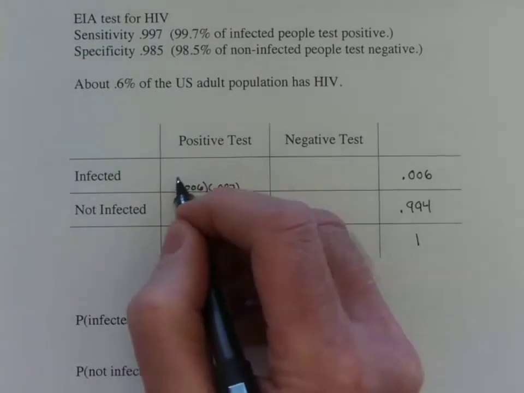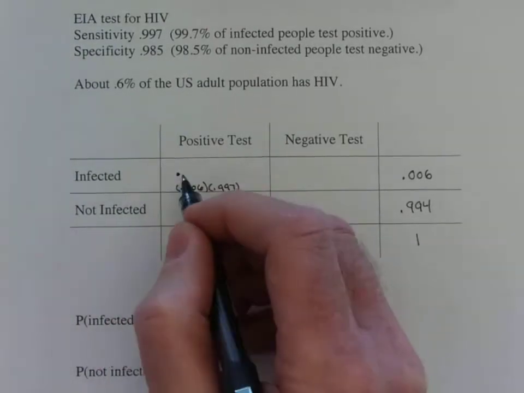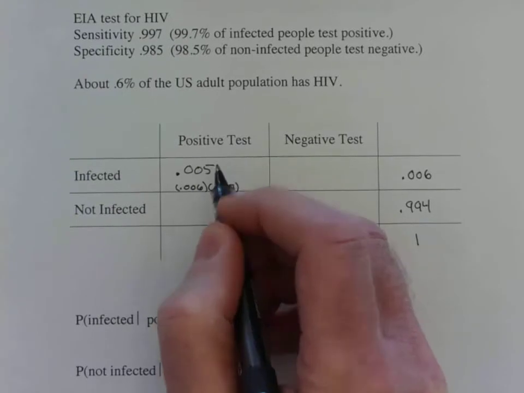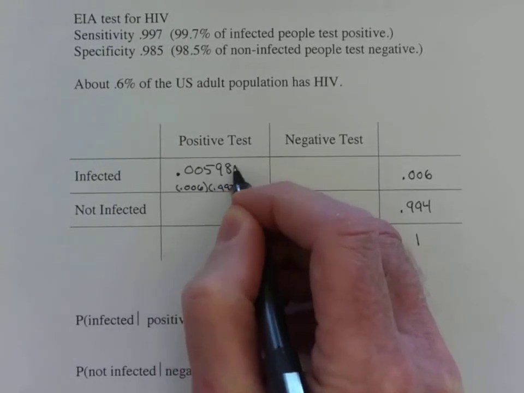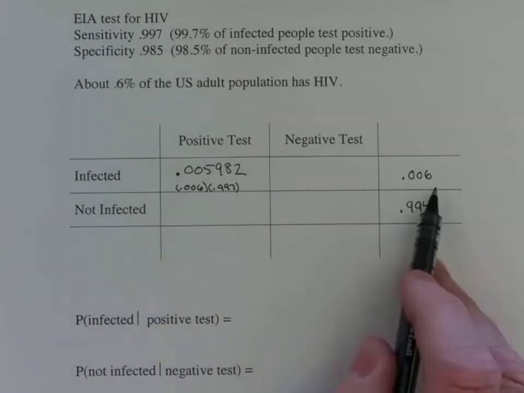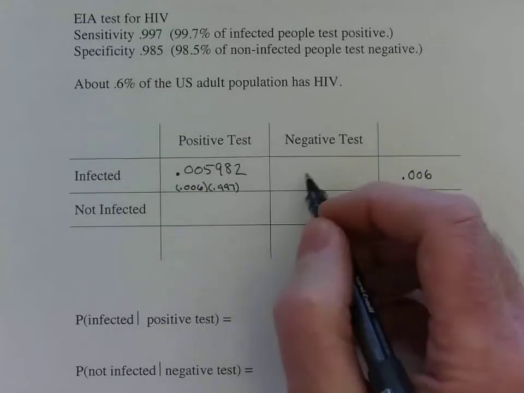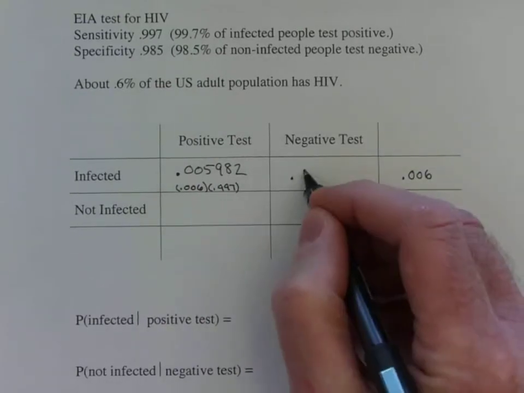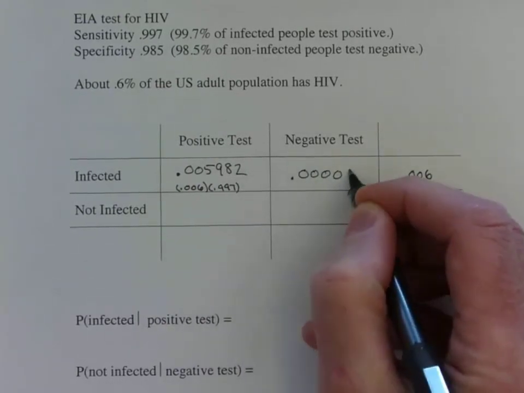But it turns out that when you do this calculation, you get 0.005982. So that would be the fraction of the population that is both infected and tests positive. We can then subtract that from 0.006 to get the number in this cell, and it is 0.000018.